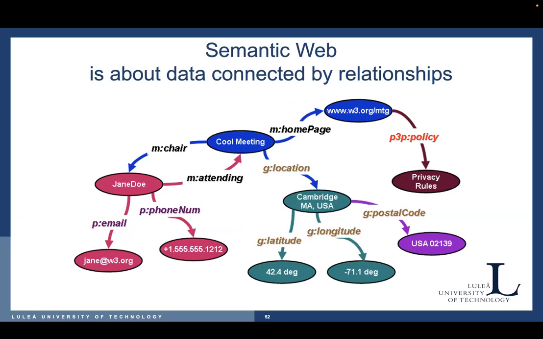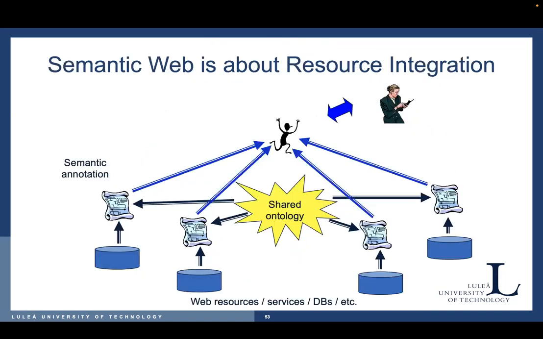So we are about to talk about how to turn, as I said, interlinked information into interlinked knowledge. In this technology we have a variety of resources, and these resources will be integrated by means of semantic annotations.